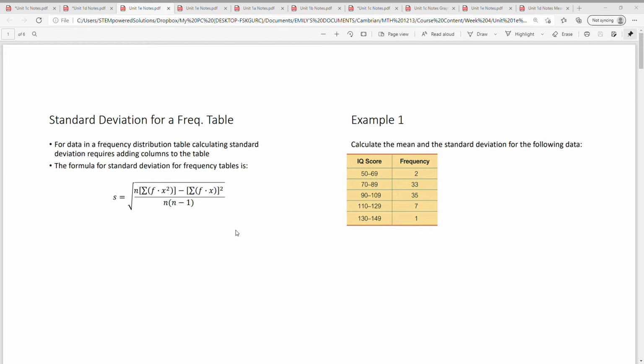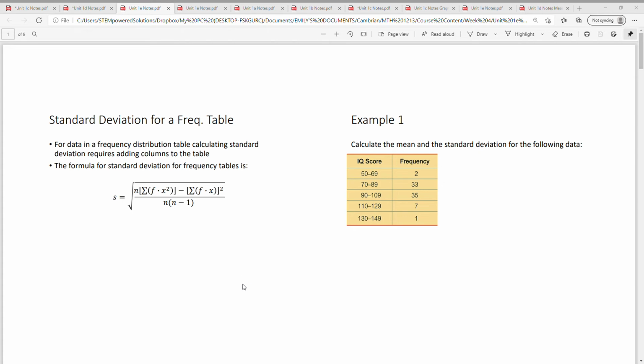So x is the midpoint, and the midpoint is found by adding the lower class limit, which is 50, to the upper class limit, which is 69, which is equal to 119, and you divide by 2, which gives us 59.5 as the midpoint. The next midpoint is found using the same process: 70 plus 89 is 159, divide by 2 is 79.5. Then 90 plus 109 equals 199, divide by 2 is 99.5.